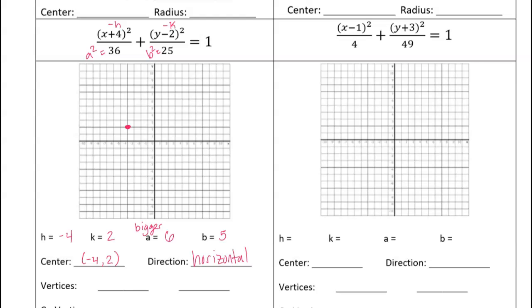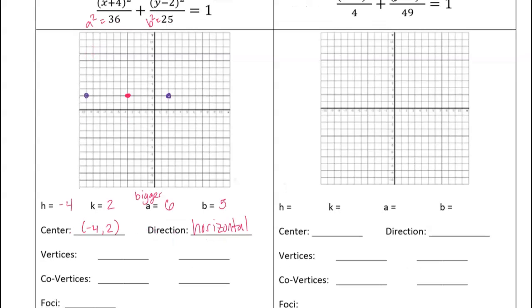I know that my semi-major axis is 6, and it's a horizontal ellipse. So from my center, I'm going to count 6 left and right. So 1, 2, 3, 4, 5, and 1, 2, 3, 4, 5, 6. Meaning my vertices are located at 2, 2 and negative 10, 2.